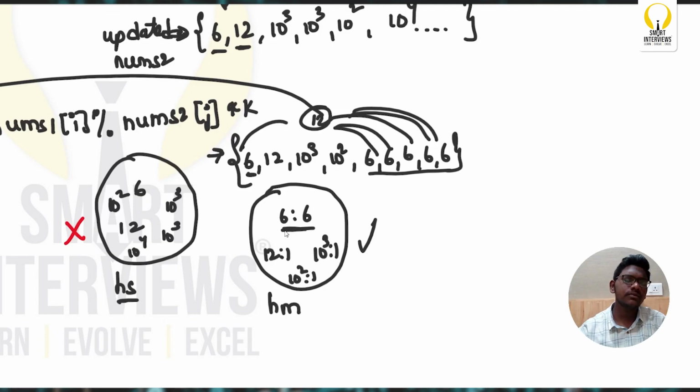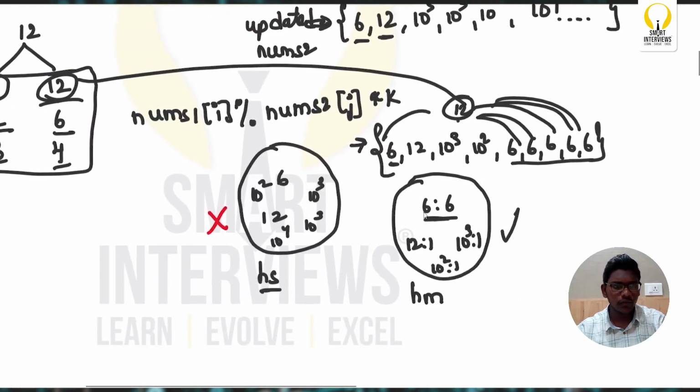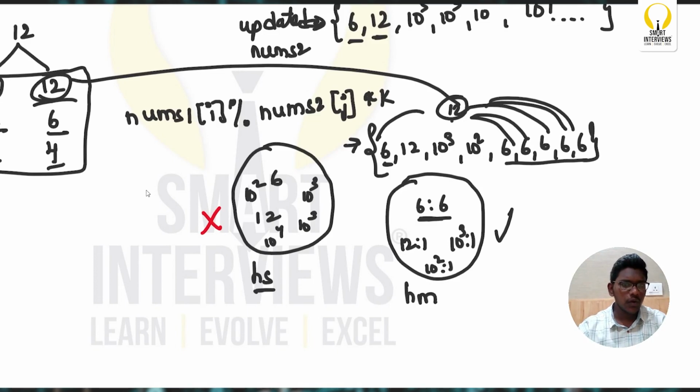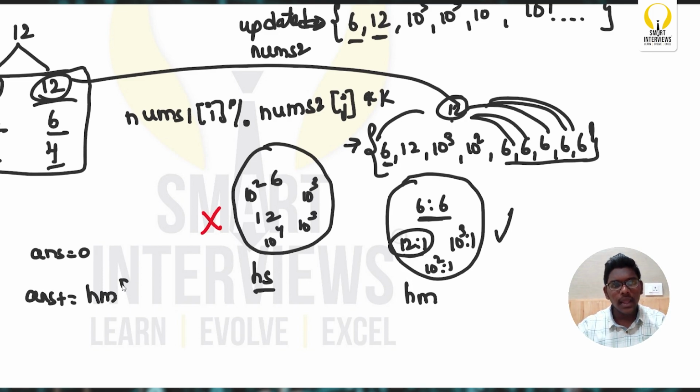So with this, we should somehow do it. Now, what do you do? For 12, you have the divisors which are 1, 12, 2, 6, 3, 4. 1 is not there. 12 is present, so you'll assume the answer as 0 initially, and after this, your answer plus equals HM of 12, which is 1.